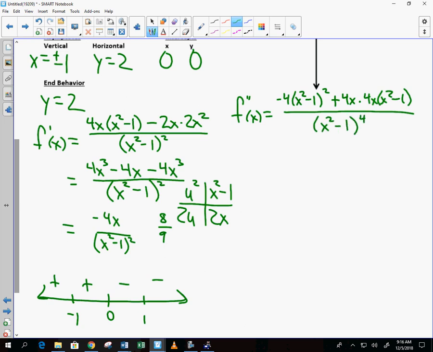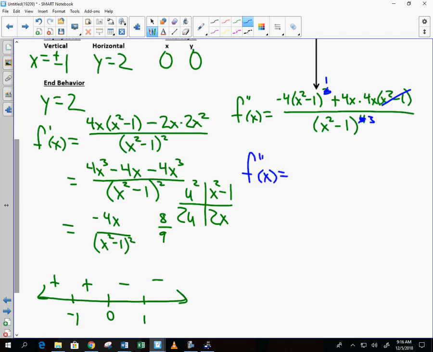Now, some people might wonder, why don't you multiply that 4x through there? Well, because we've done this enough times where we can anticipate that there's going to be some canceling, right? So what cancels? You get rid of the factors of x squared minus 1. So this is going to reduce to the 1st power, and this is going to reduce to the 3rd power. And now we can go through some simplifying.